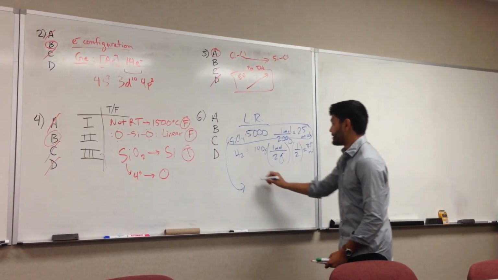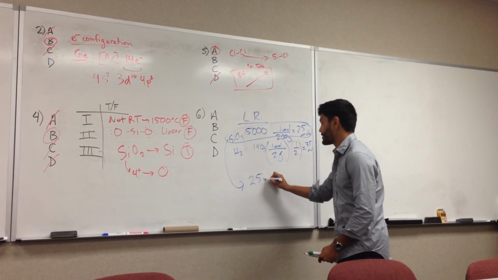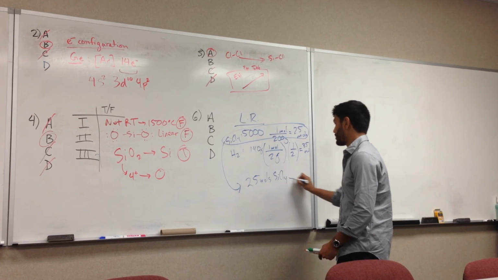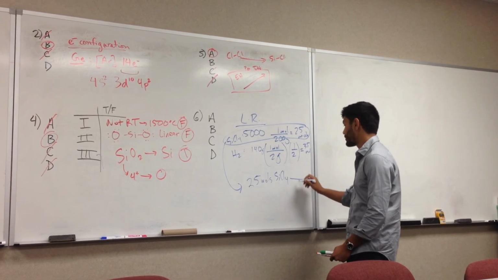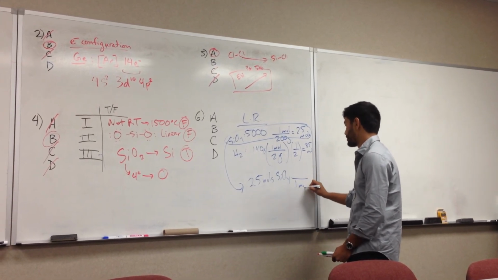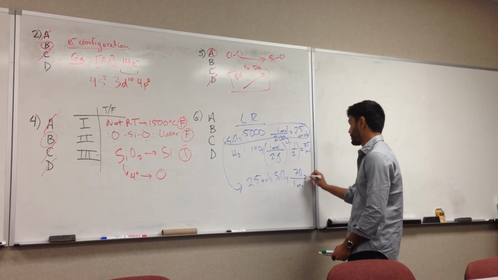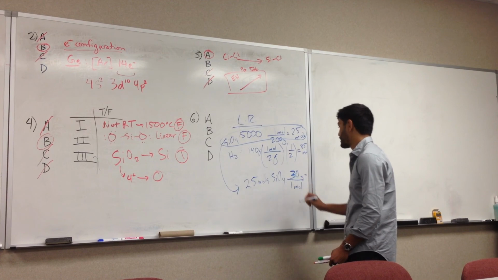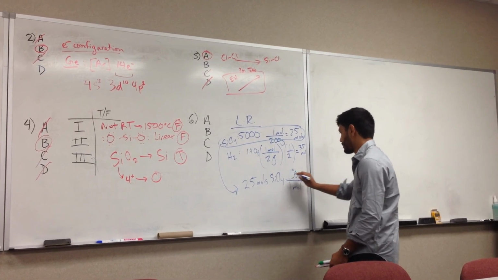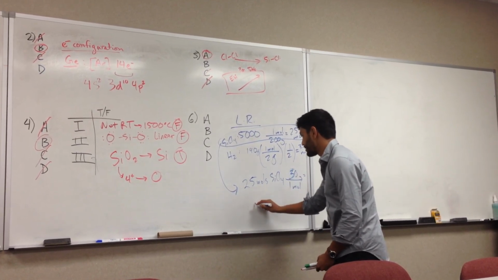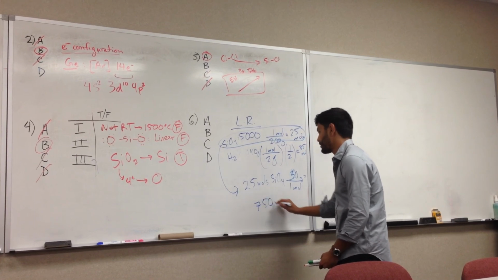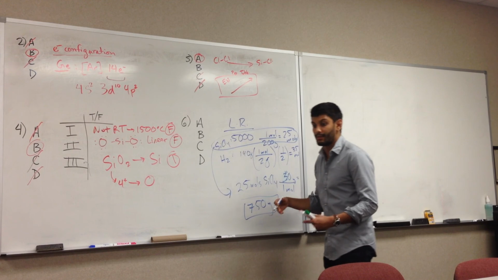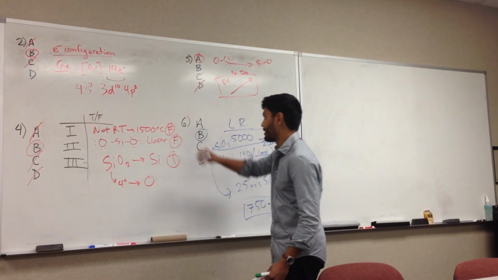And the last step is to multiply 25 moles of SiCl4 by the molar mass of silicon, which is 30 grams, which gives us approximately 750 grams. And because we estimated, we can choose the closest answer, which is choice B, 840 grams.